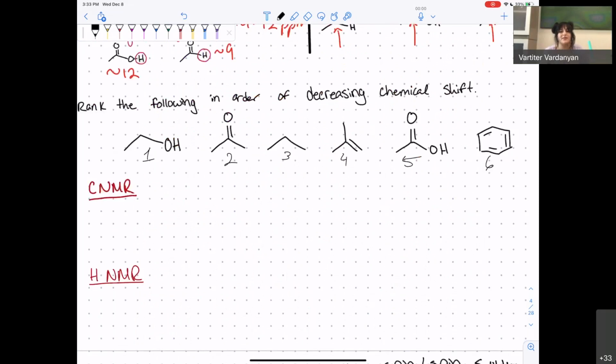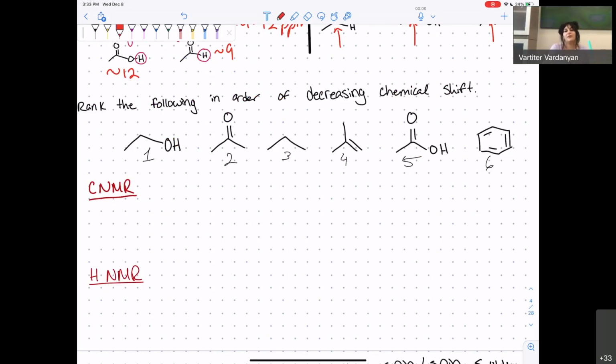Okay, so putting these in order, we're going to get a different answer in the carbon and hydrogen NMRs. That's why they're in two different lines. So for the carbon NMR, we're looking at the most deshielded carbon for each molecule, and we're going in decreasing order.